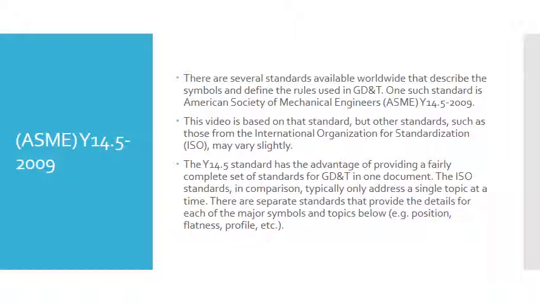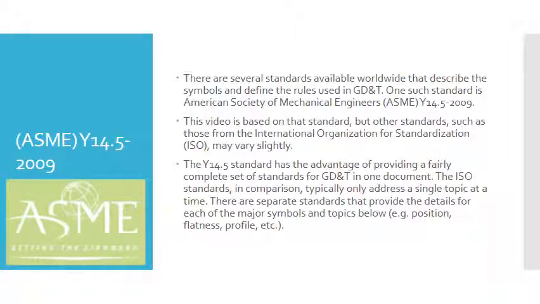There are several standards available worldwide that describe the symbols and define the rules used in GD&T. One such standard is the American Society of Mechanical Engineers, or ASME, Y14.5. This video is based on that standard, but other standards, such as those from the International Organization for Standardization, or ISO, may vary slightly.